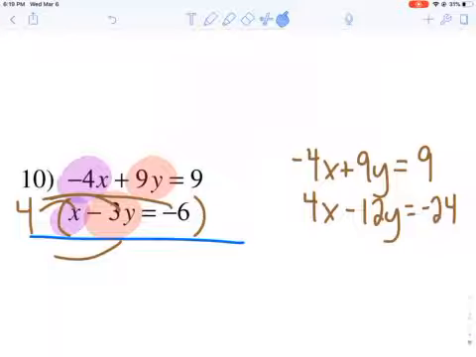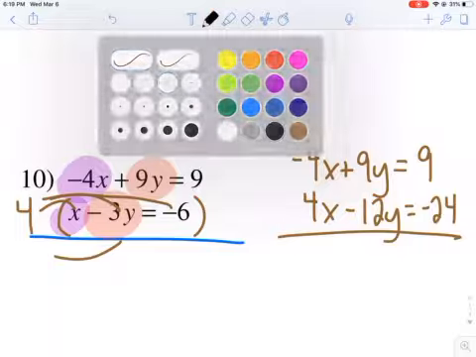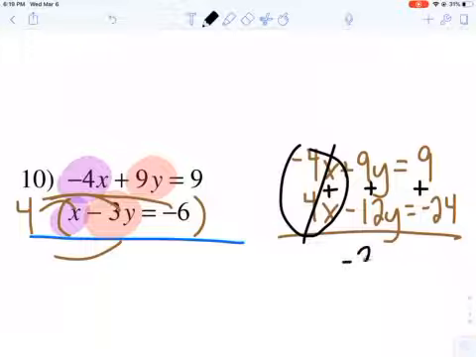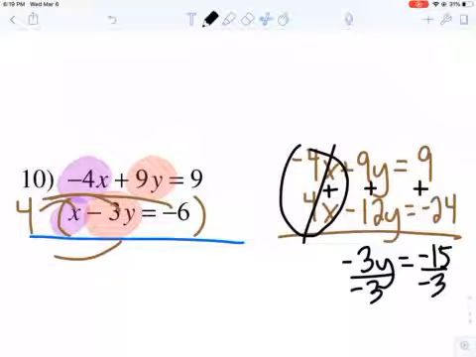Now, I have a nice system that I can cancel out my x's. So I'm going to add across just like so. Negative 4x plus positive 4x cancels out. Love it. Positive 9y plus negative 9y gives me negative 3y. 9 plus negative 24 gives me negative 15. Divide each side by negative 3, and I get y equals 5.